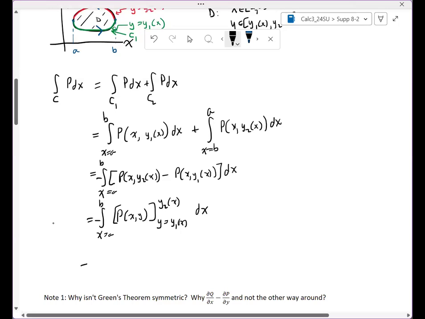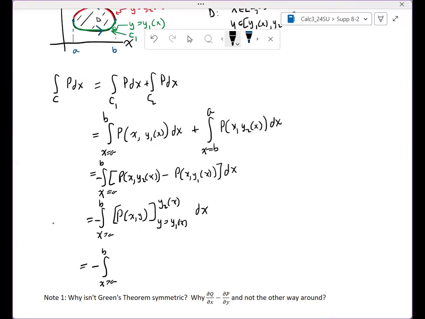And in fact, it seems like this might be the integral of something dy, so the integral of the partial of P with respect to y, dy, and then, of course, a dx here at the end, where y goes from y1 of x to y2 of x.